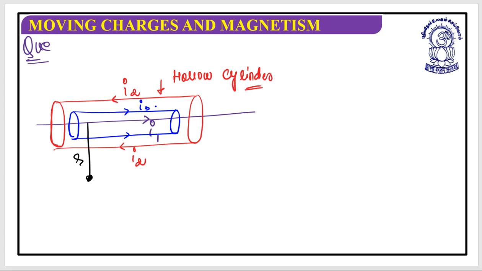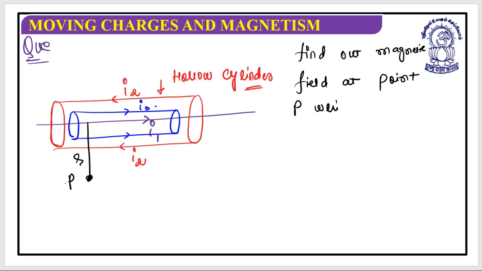So what you need to do is find out the magnetic field at point P, which is at distance r from the axis.